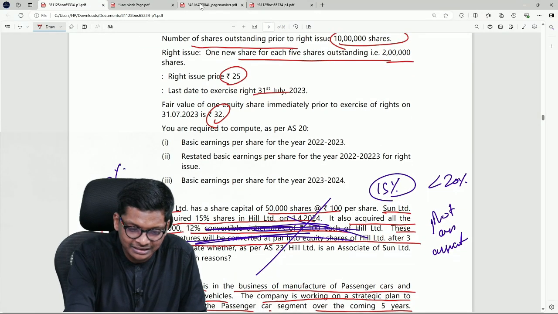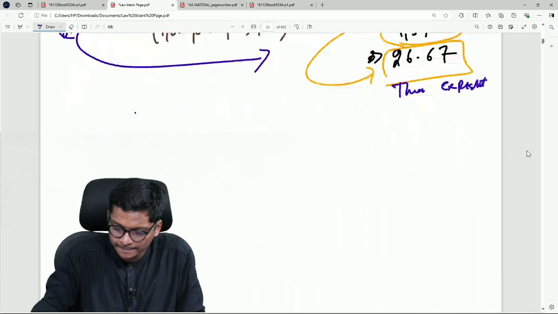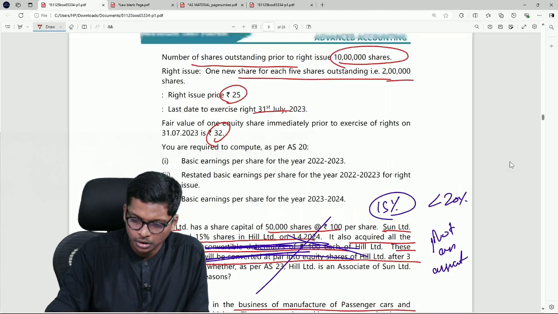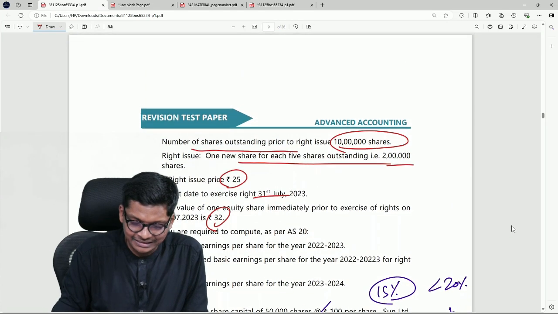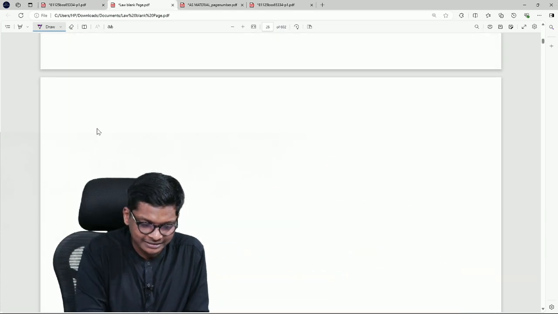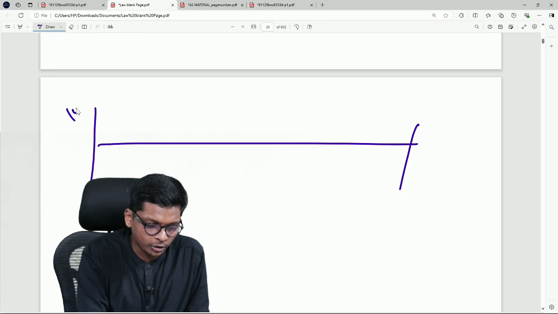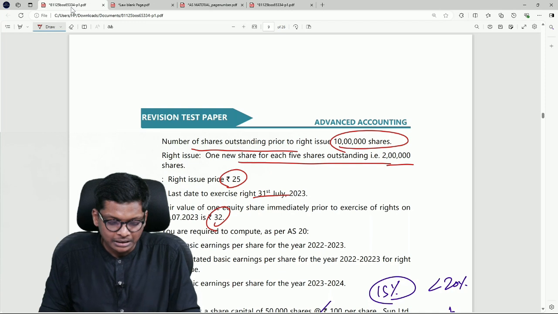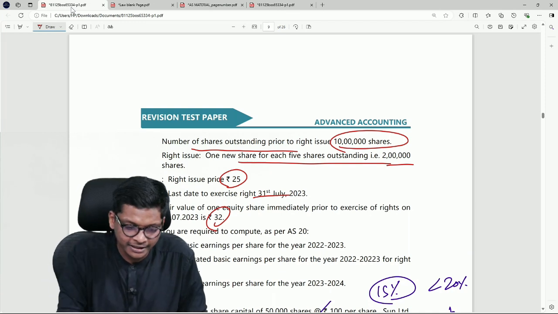So how do we do that, guys? Follow what they are saying in this question. The number of shares is 10 lakhs, correct? So we will just write it down. Number of shares before issue is 10 lakhs. Then the rights exercise is 31st of July.